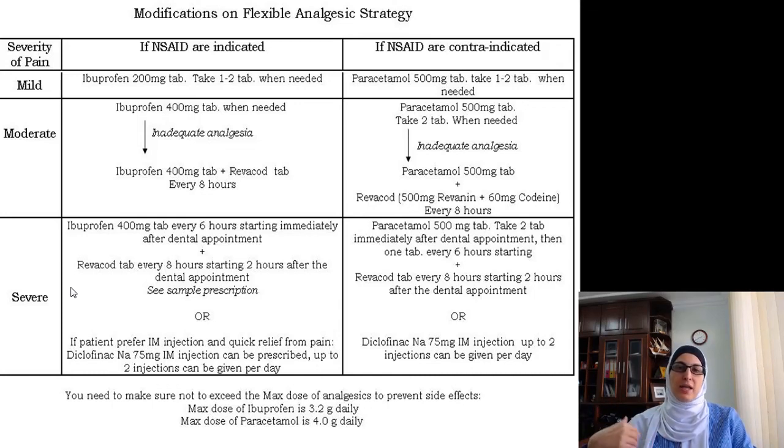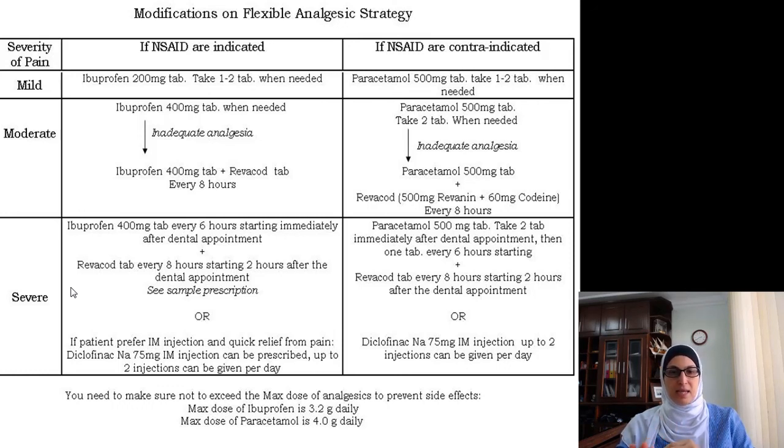You don't want to end up catching up with pain, you want to go ahead of pain. So when you do the dental procedure and you expect severe pain, you ask the patient to take the medication as soon as he is out of your clinic, before the anesthetic effect resolves. The anti-inflammatory effect requires 30 minutes, so as the anesthetic effect resolves, the pain would be reduced.